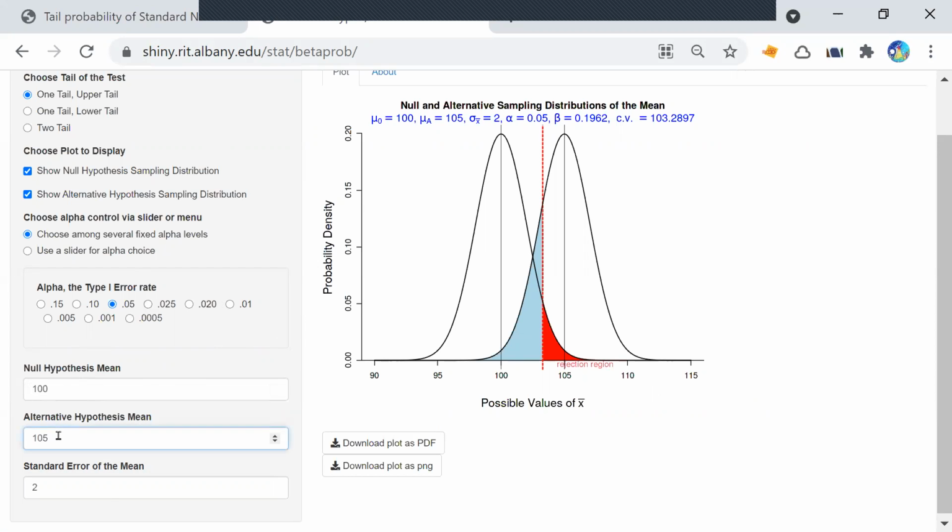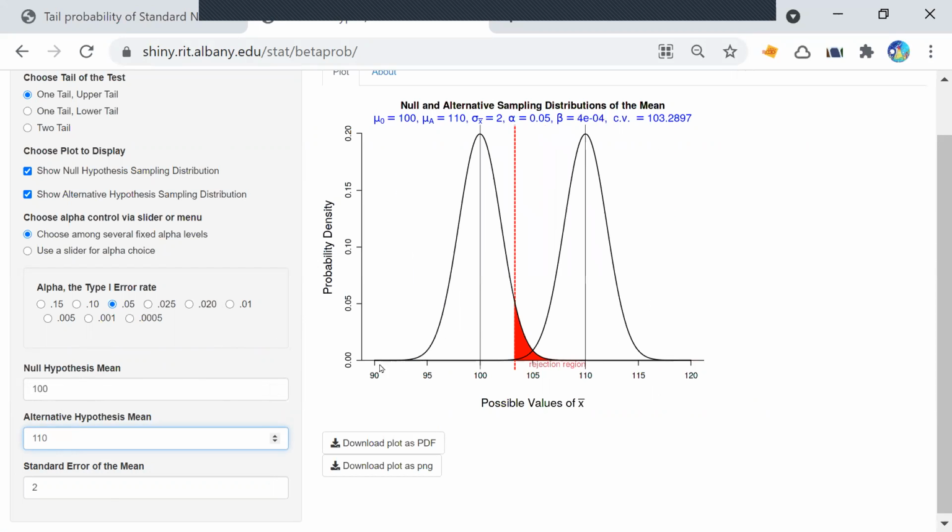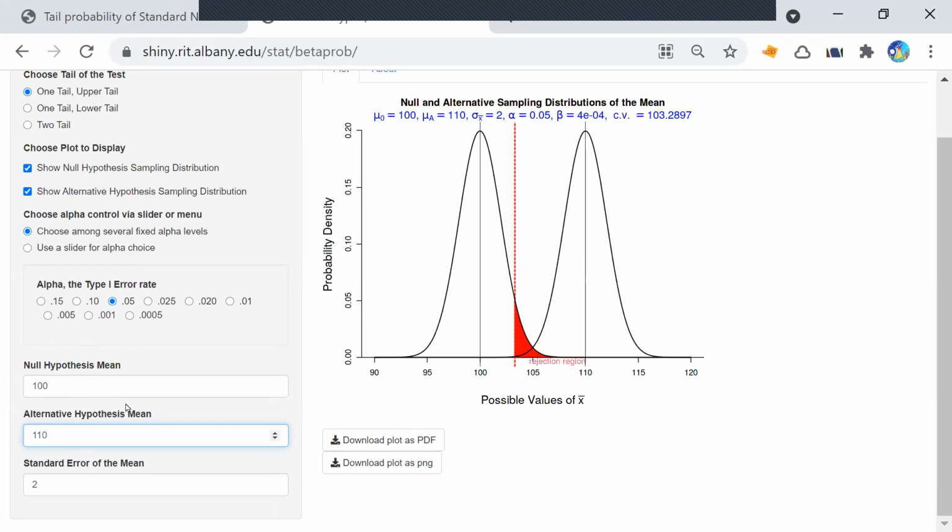If you change these so that they're farther apart, it's a larger effect size, because effect size d equals the difference between your two means for your alternate and null hypothesis, divided by the standard error of the mean.